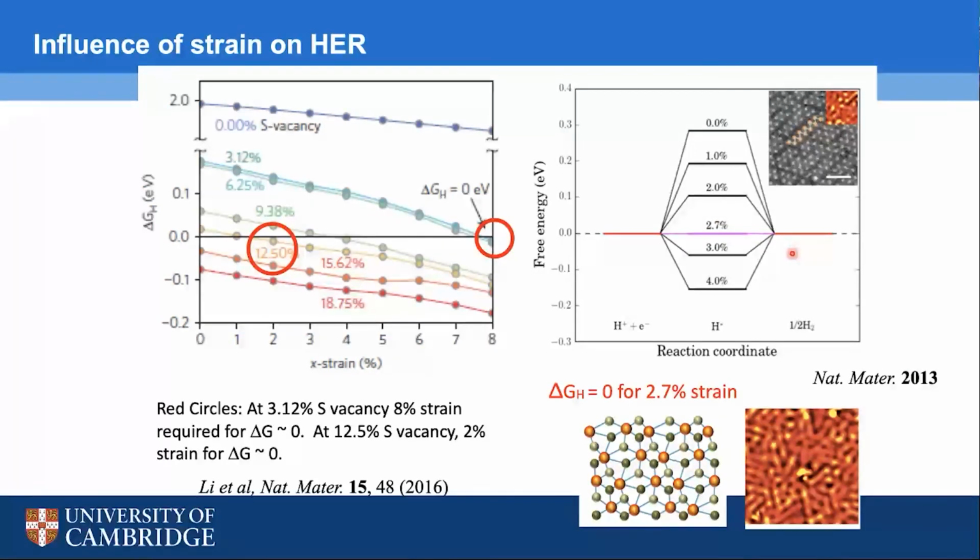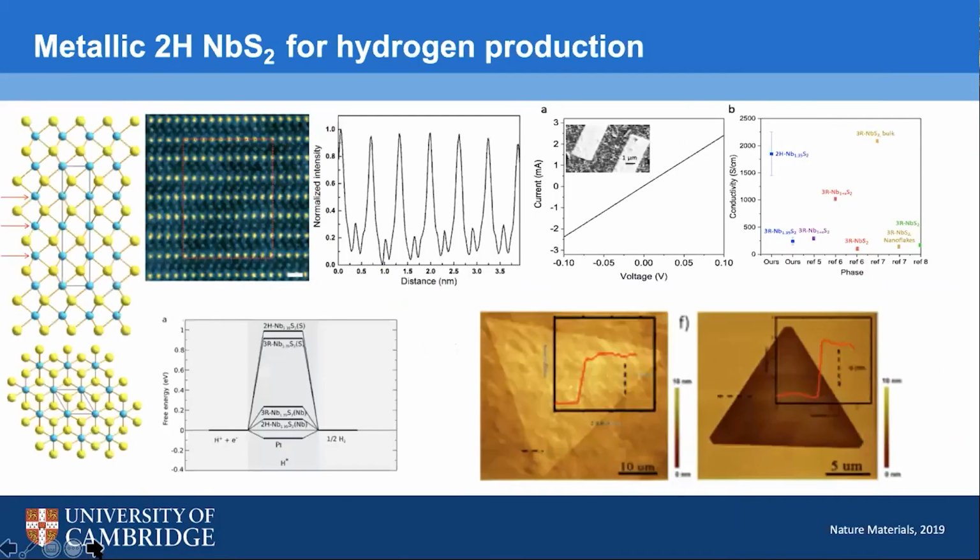So that's the ideal condition. The role of strain is quite important in determining the thermodynamics. We can tune the strain in 2 ways: one, by introducing sulfur vacancies, and two, by tuning the concentration of the metallic 1T phase.